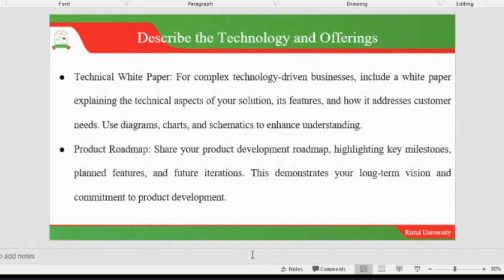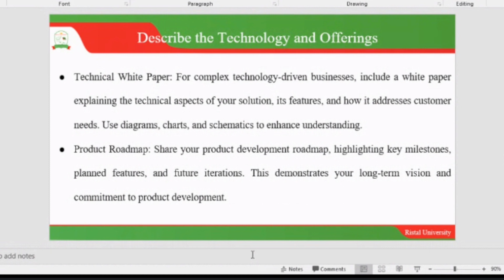Then, when it is a technological idea, you need to have a technical white paper, and in this case, it explains the technical aspects of your solution. It generally shows the blueprint of how your idea is going to work. Okay, so it could be in the form of charts, schematics or visual representations of how your idea is going to work, and these will enhance the understanding of the audience of your technological idea.